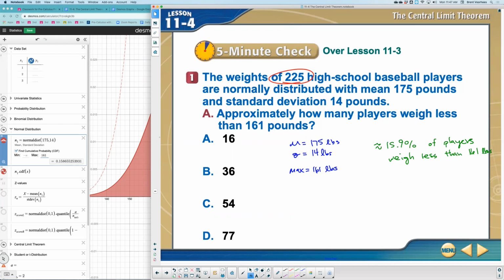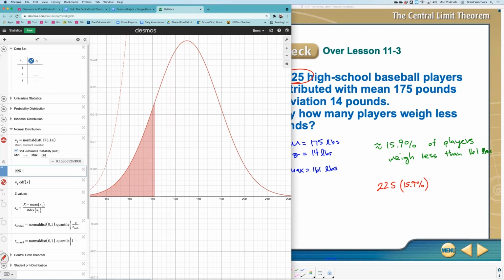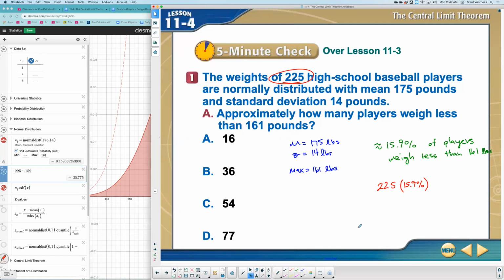So really what that means is I need to take 225 and multiply by that 15.9%, which is the same thing as 225 times 0.159, which means approximately 36 players will weigh 161 or less. So that would be our answer to part A there.